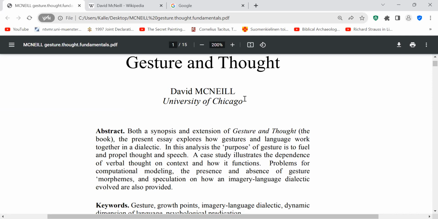A case study illustrates the dependence of verbal thought on context and how it functions.